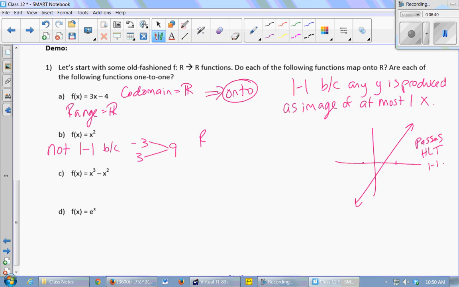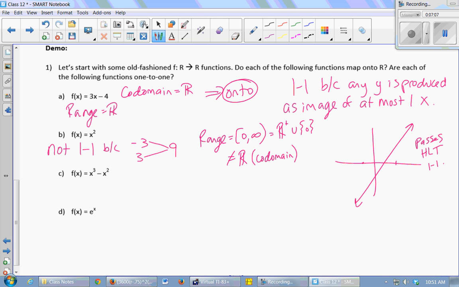So my range is 0 to infinity, which does not equal all reals, the codomain. Sure, yeah, you can denote that as R plus union 0. So x squared: not one-to-one, not onto.